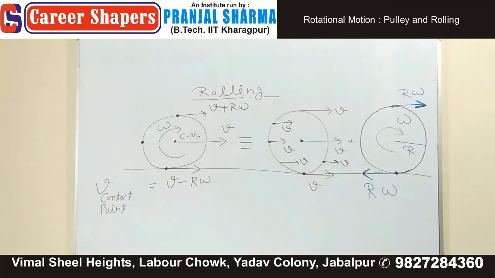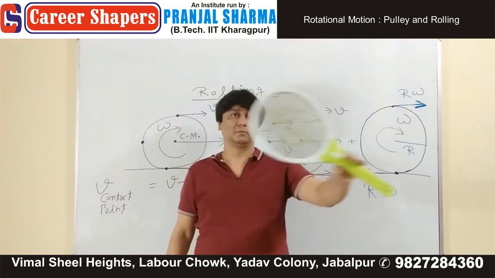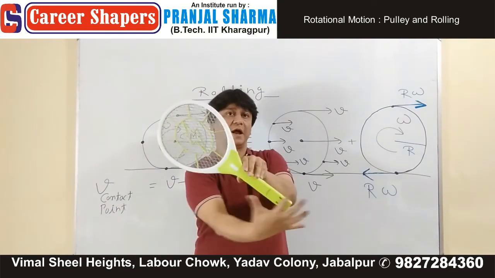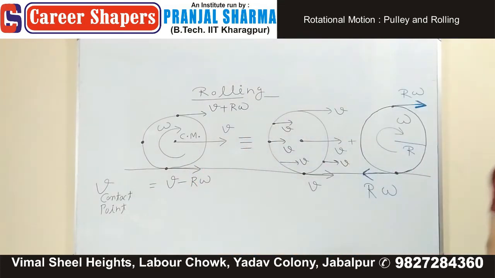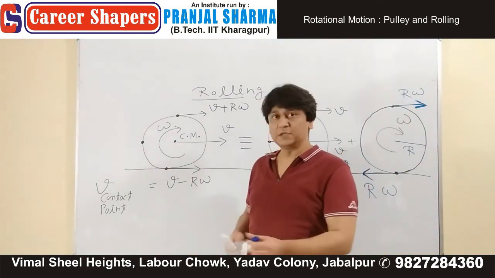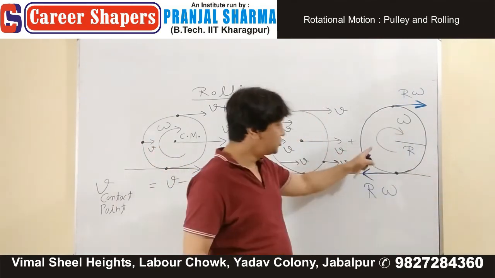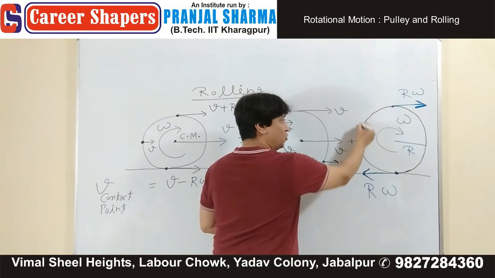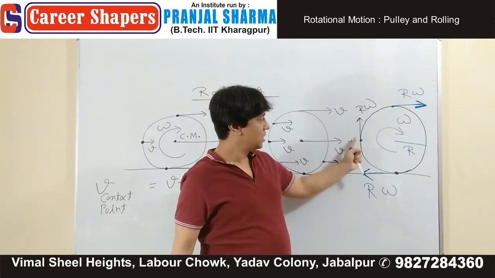If I say that this racket is moving with V, as it moves with V, every point which lies on the racket is moving with V. So this point is moving with V, but rotational motion, or say circular motion, tells us that this point is moving tangentially in this direction with r omega.